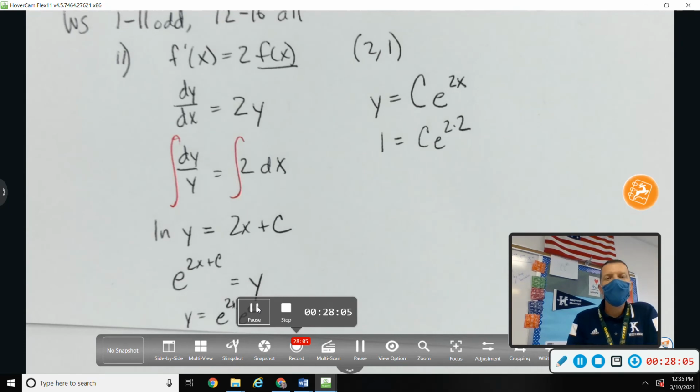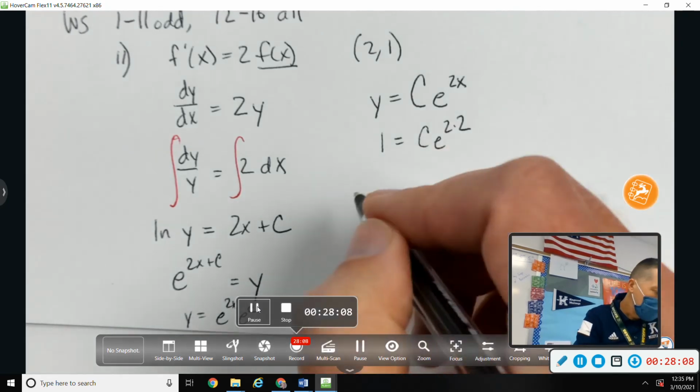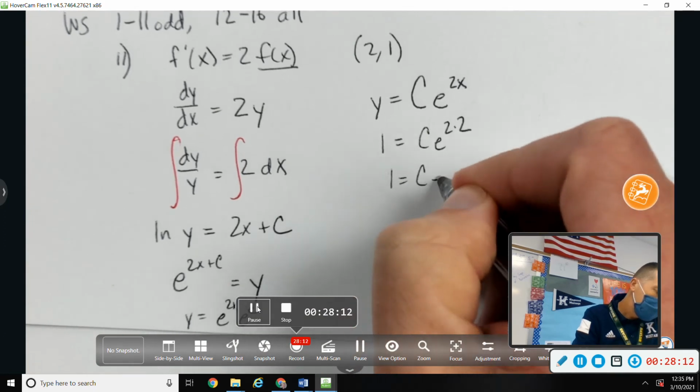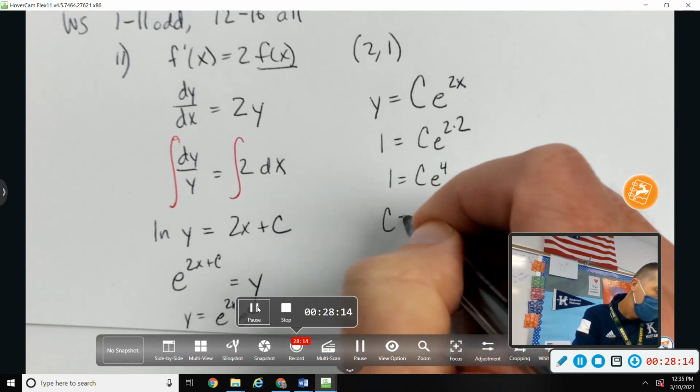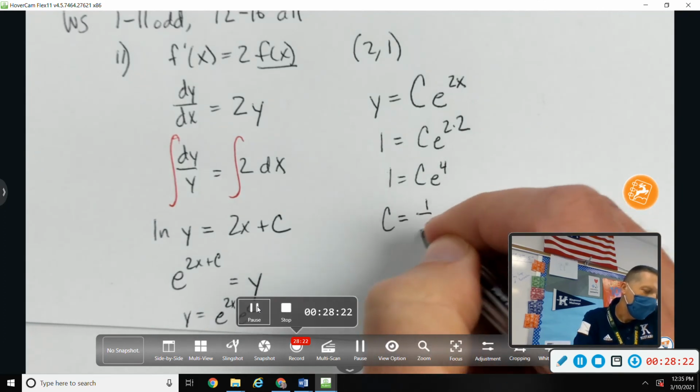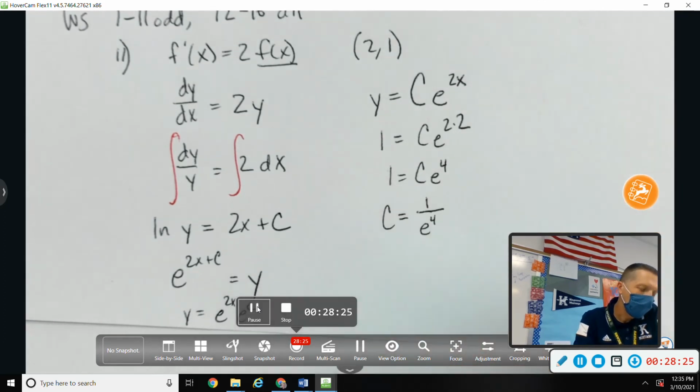Oh, now I'm remembering why I wanted to work this one, in addition to looking weird to start with. So c equals 1 over e to the 4th. That's kind of weird.